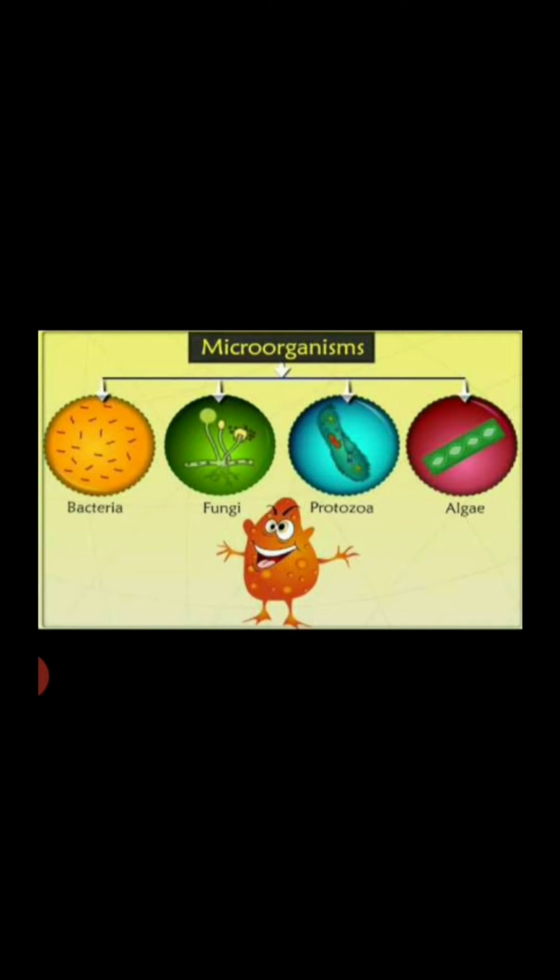The microorganisms or germs, namely bacteria, fungi, protozoa, algae and many others, are present in the ecosystem. These are responsible for spreading diseases from one person to another, which we call communicable disease. These diseases can be spread through water, air, food, insect and animal bites.